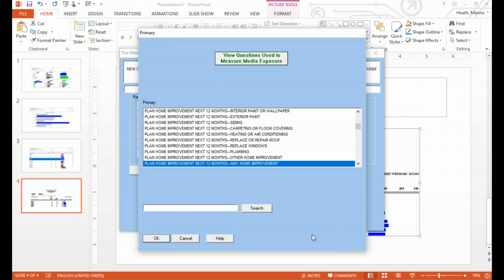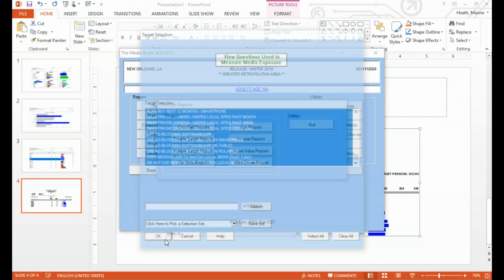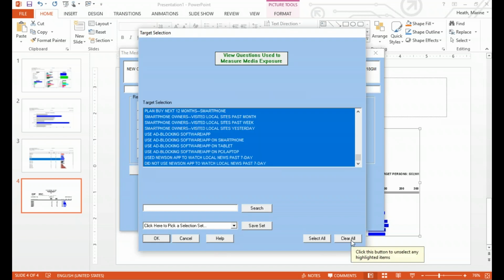And just so you know that this is your primary screen, look in the lower right corner. If you don't see a clear all or select all button, you are definitely talking about the audience, the population, the people you want to know about. So I'm going to OK this. And now in the target selection screen, which looks exactly like that first screen, which is why I was stressing, look to the bottom right and look for select all and clear all buttons.